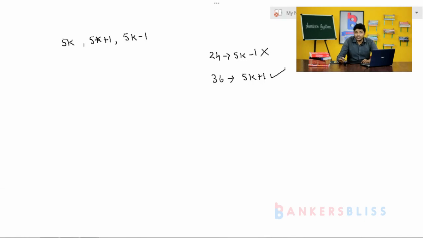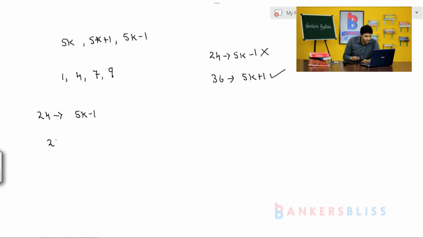Then how to identify? You have one more step. After adding the digits of a perfect square number, you are going to get 1 or 4 or 7 or 9. See here, 24 is in the form of 5k minus 1.